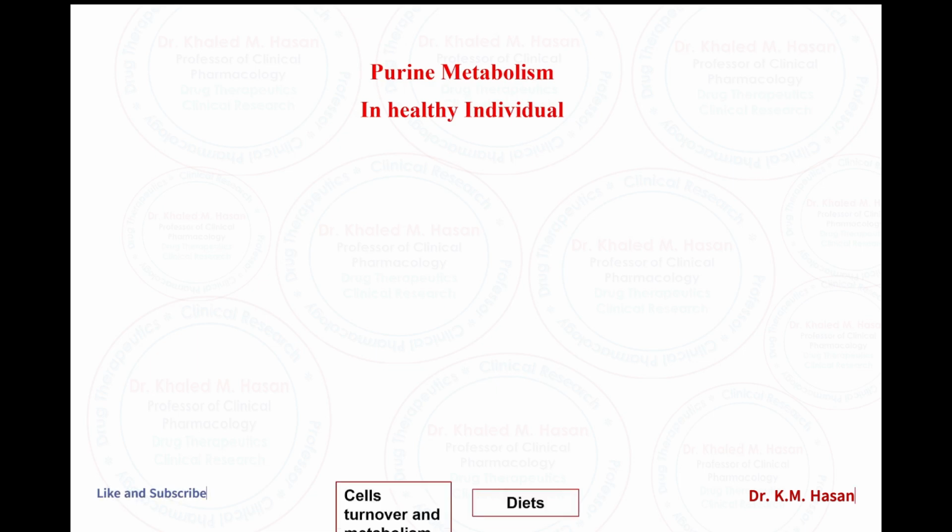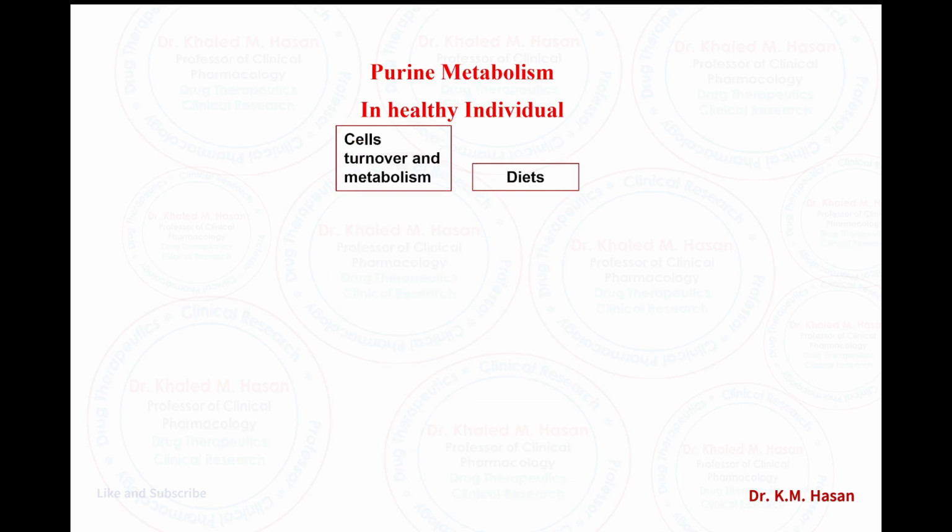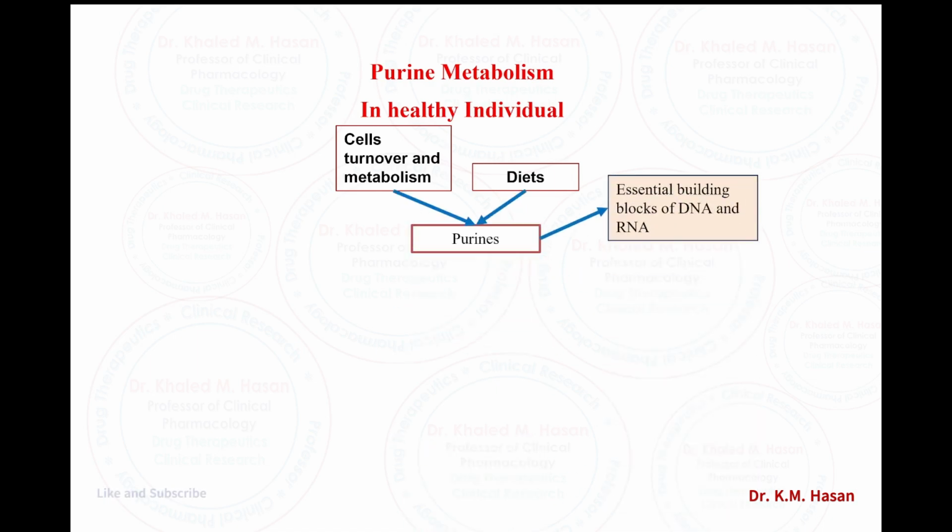Okay, in this slide we are going to discuss the synthesis and formation of uric acid, starting from purine metabolism. In this slide, we are talking about a healthy individual, a normal healthy subject. From the diet or from cell turnover and metabolism, this will lead to the formation of purine, and purine is considered an essential building block for DNA and RNA.